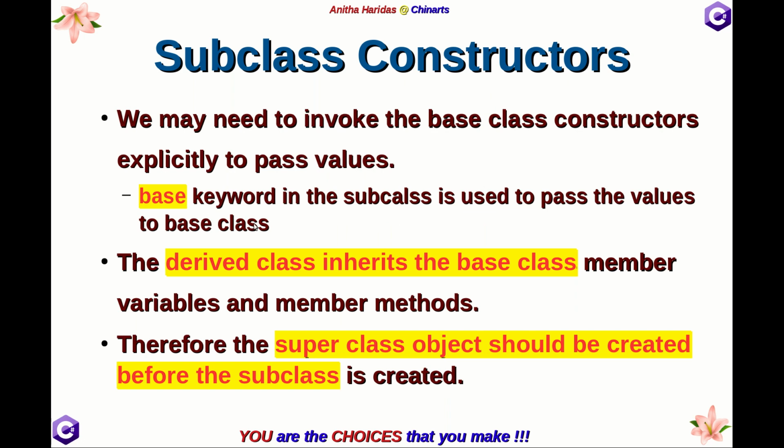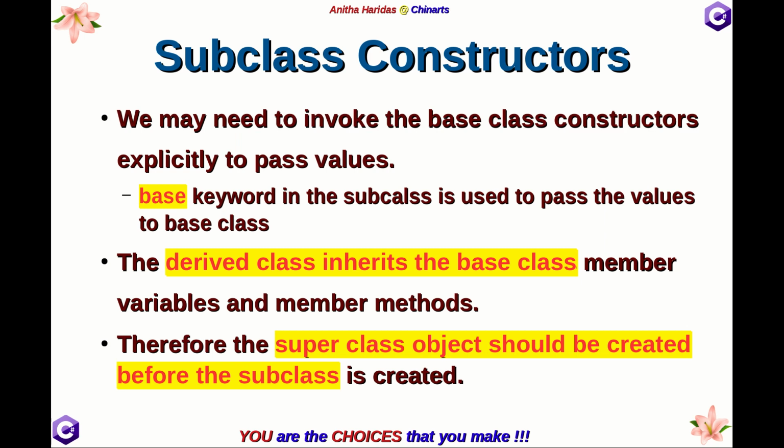Now, if I want to pass initial values to the base class constructor also, we have to invoke the base class constructor explicitly to pass these values. I repeat, I want to create an object of a subclass, but the subclass has a constructor defined on its own. It is also having a constructor for a base class.